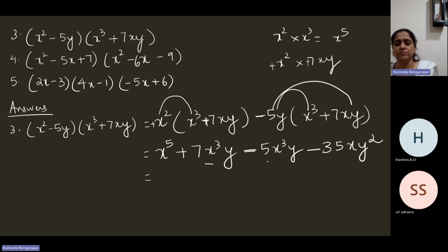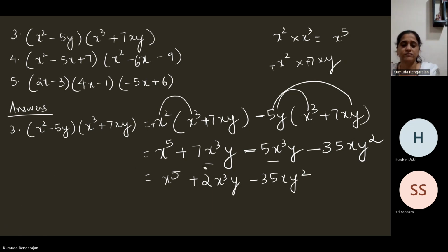Now these two are like terms: x cubed y, x cubed y. They're like terms. So x to the power 5. Now this is addition or subtraction based on the signs. Write that x cubed y as it is: 7 minus 5 plus 2, minus 35 xy squared. Once you open the brackets, when the terms are free, then it is not multiplication.